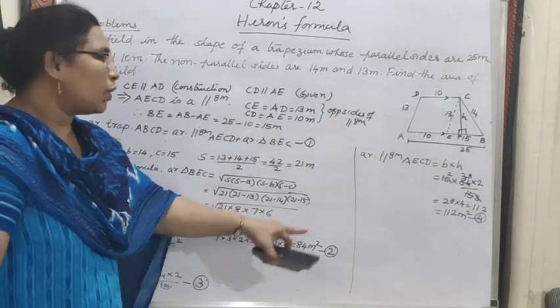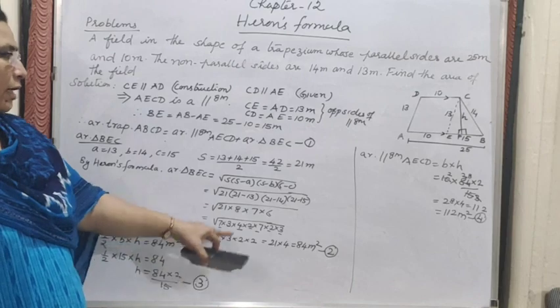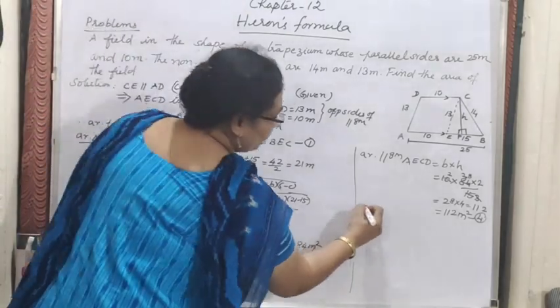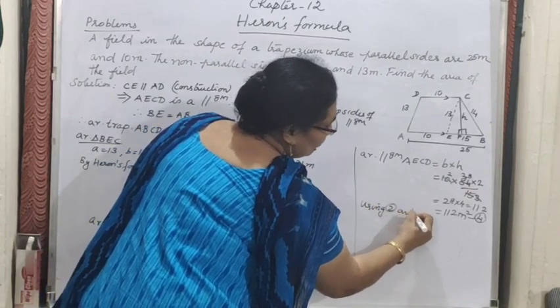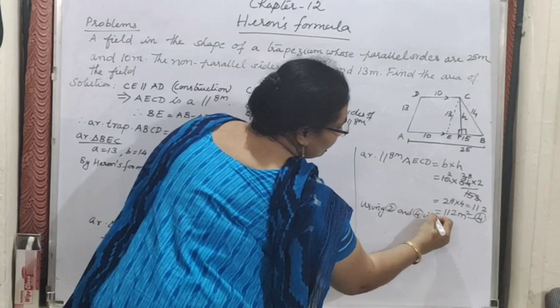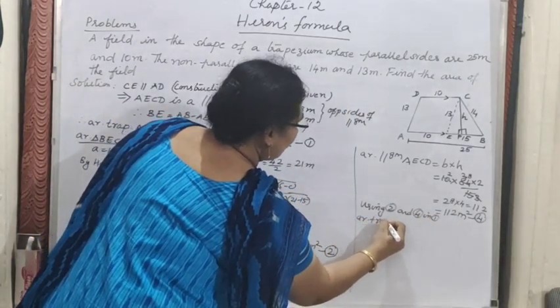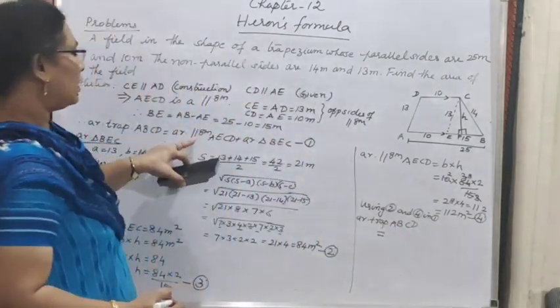Now equation 2 and equation 4 we can use in 1. Now we got the area of the triangle as well as the area of the parallelogram. So we can substitute. So I'll write now using 2 and 4 in 1. Right? So area of the trapezium ABCD equal to, what is the first one?